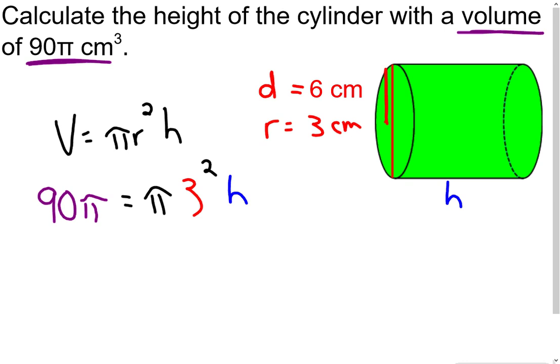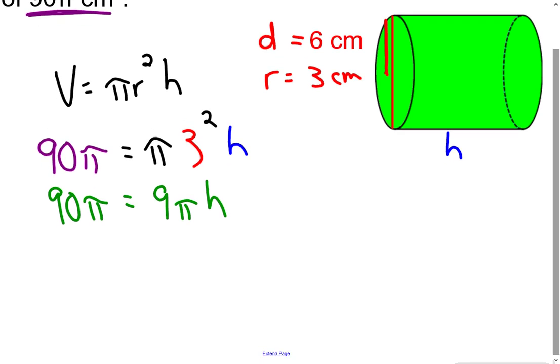Now it's a matter of solving this equation. So I'm going to clean up the right side. 3 squared is 9, so I have 9 pi times h equal to our 90 pi. If I want to get that h all by itself, I have to get rid of the 9 pi. So I'm going to divide this side by 9 pi. My 9s are going to divide out, my pi's are going to divide out, and all I'm left with is h.